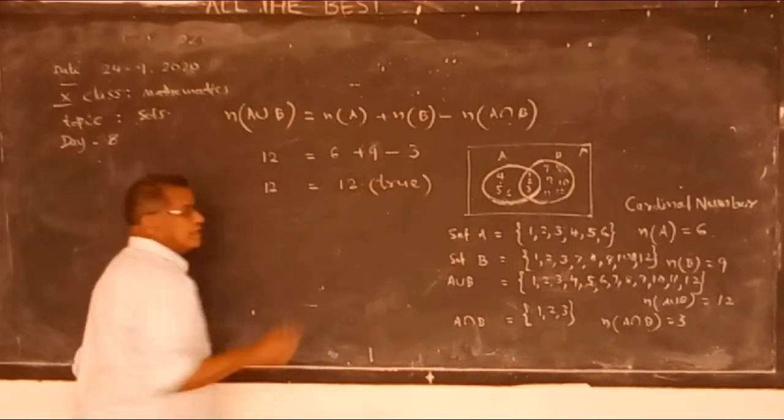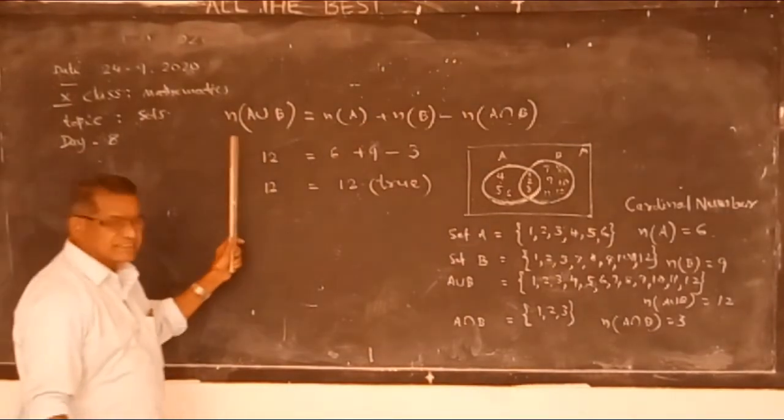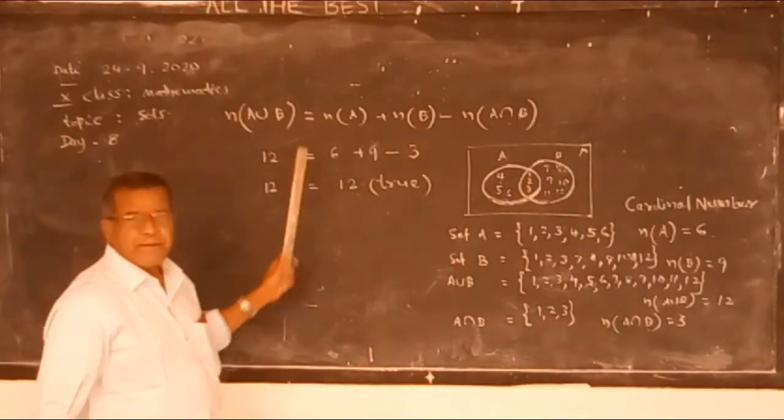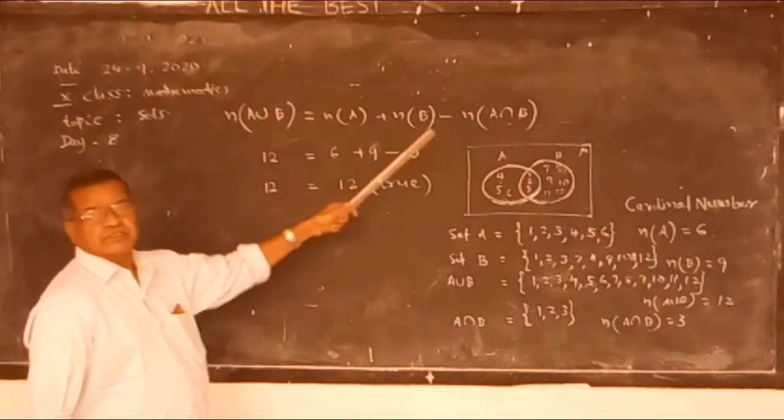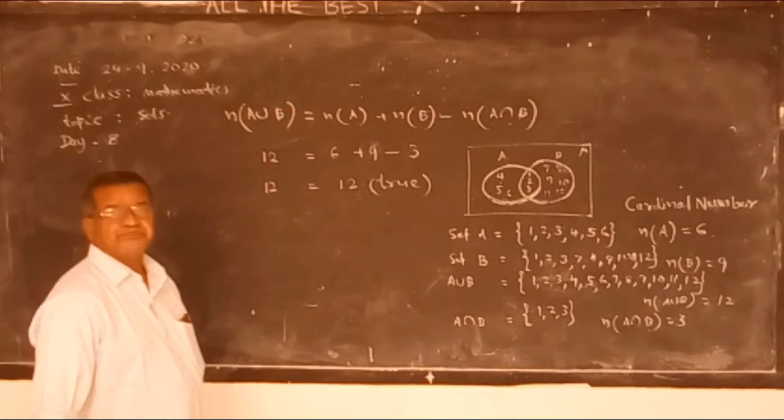So this is the relation between two sets A and B, by writing this equation, union and intersection.